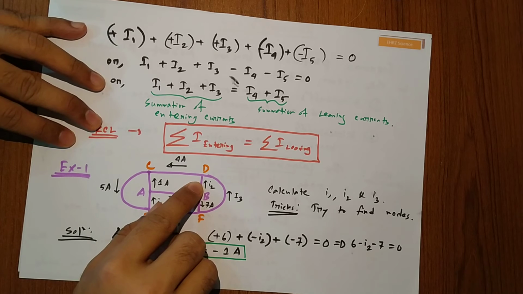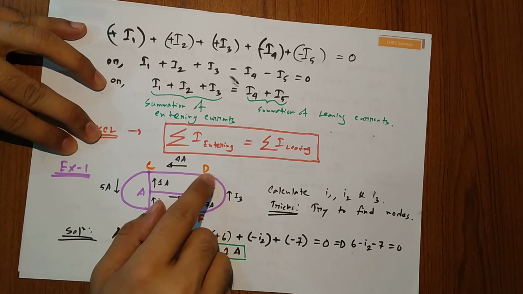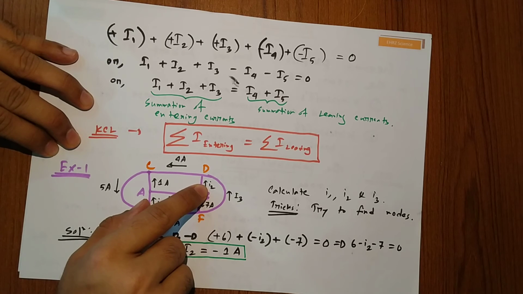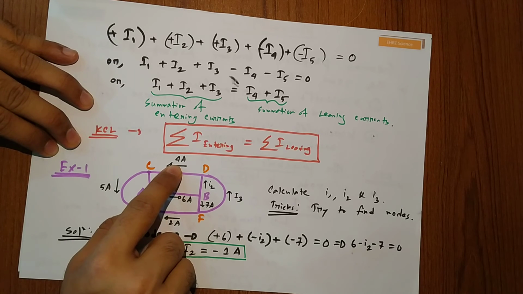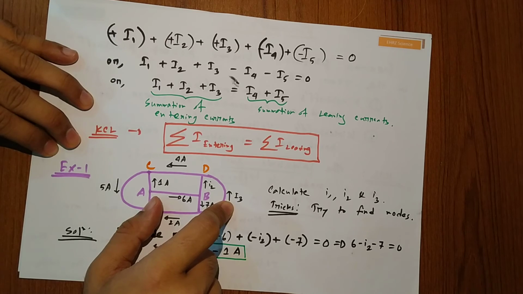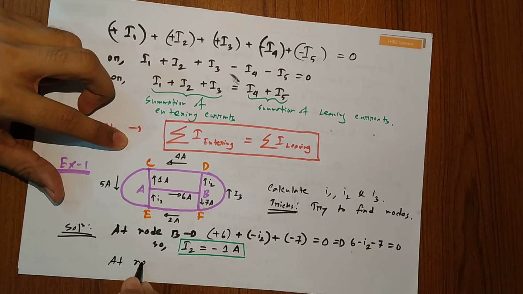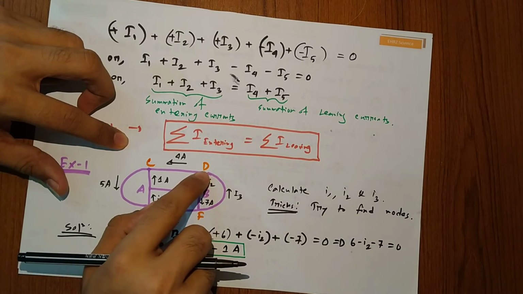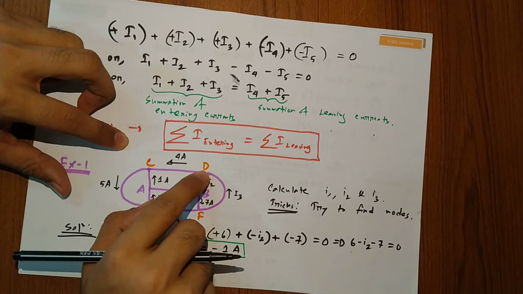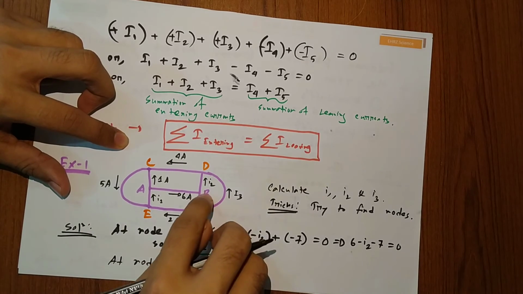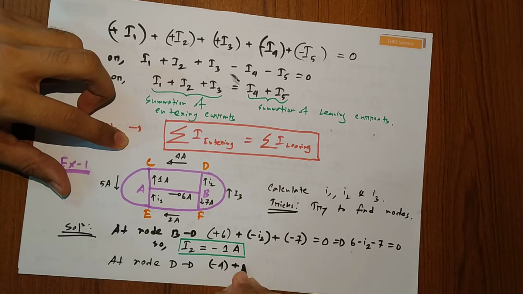Since we know I2, now if we apply KCL at node D, we can calculate I3. Similarly, at node D, 4 ampere current is leaving the node, so minus 4. I2 current is entering the node, so plus I2.